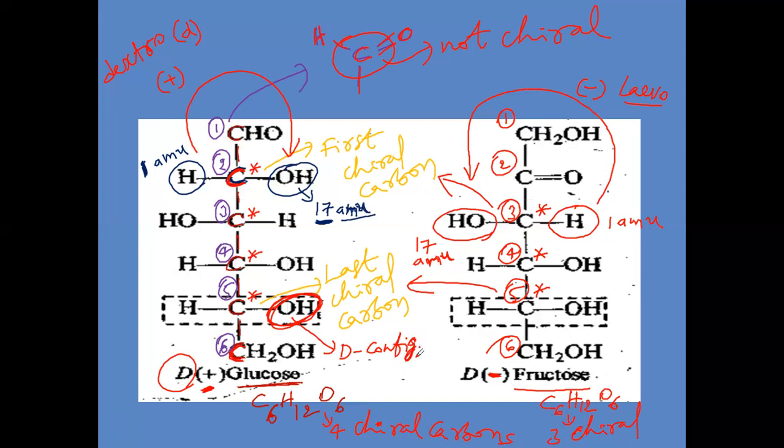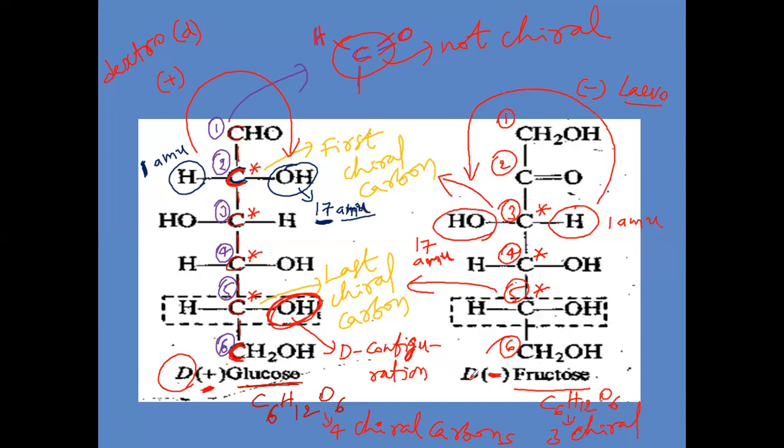What is the meaning of D configuration? If the OH group is present on the right hand side of the last chiral carbon, that is called D configuration. That's why we said capital D glucose here. So D plus glucose. Next, check it in fructose. D minus we said here.